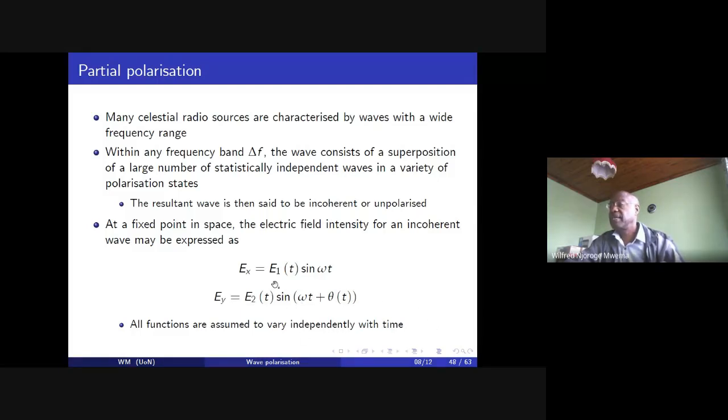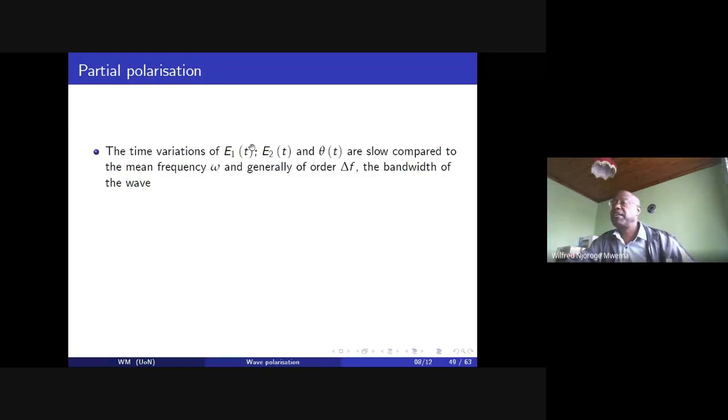That is, they are not synchronized, so to speak. The time variation of E1, E2 and theta will be slow when compared to the average or center frequency omega of the resultant field, and will generally be of the same order as the bandwidth of the wave.